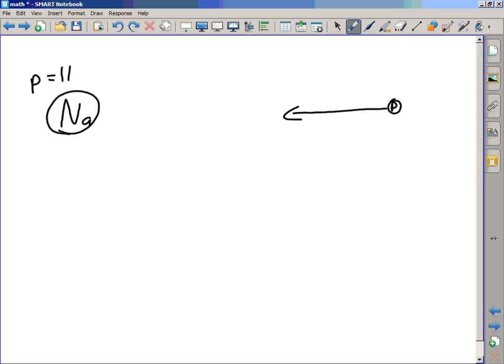It's going to keep coming and coming, and it's going to slow down as it gets there. Does that make sense? Positive and positive repel each other, right? So as this proton gets closer, it's being repelled by the sodium nucleus, meaning that it's being slowed down.